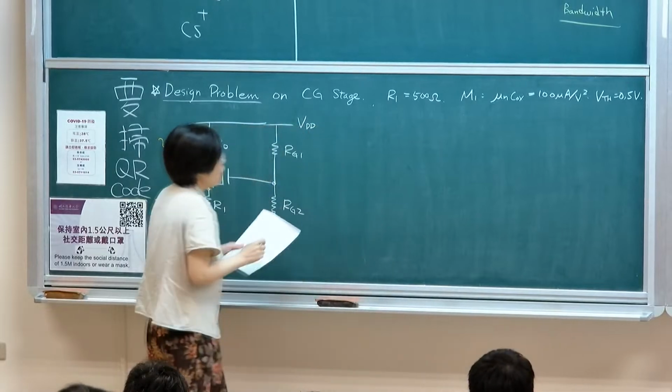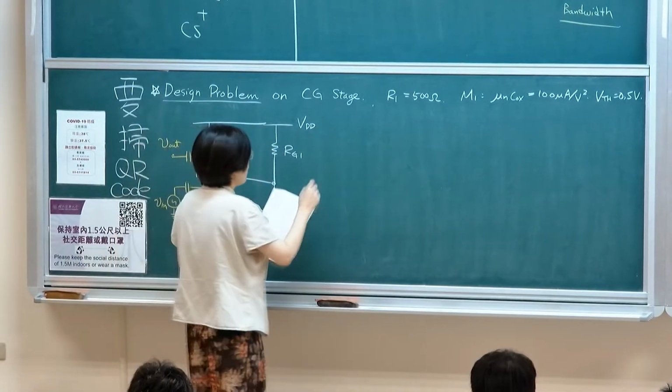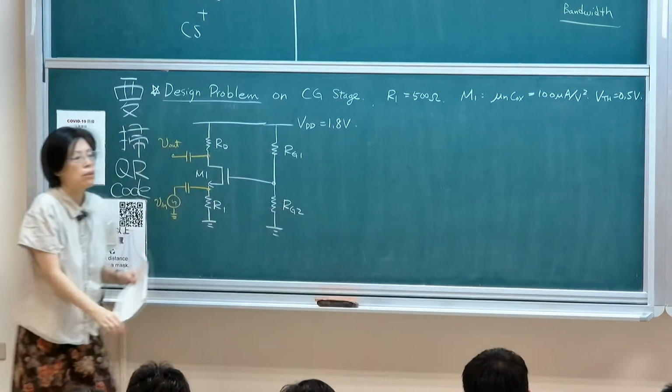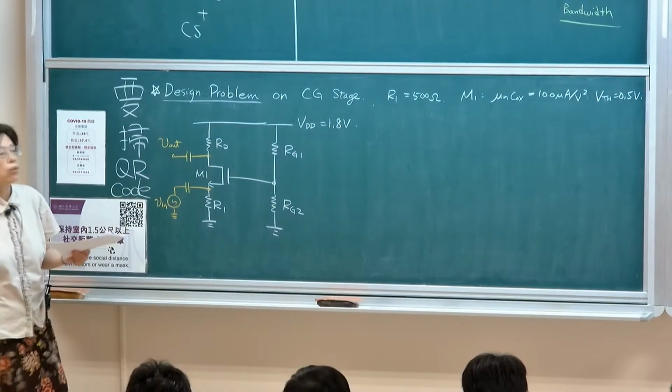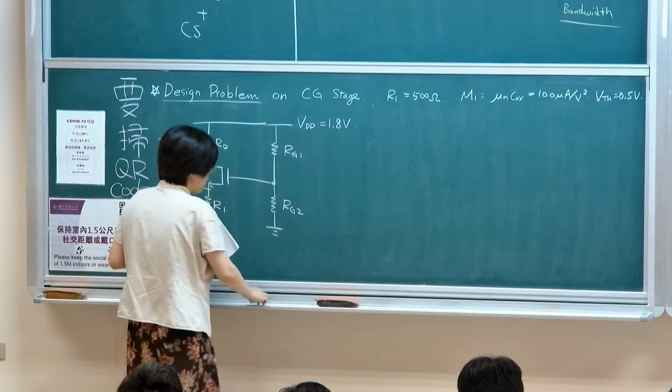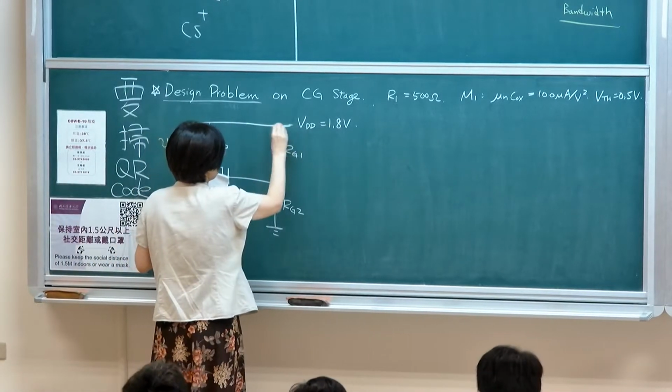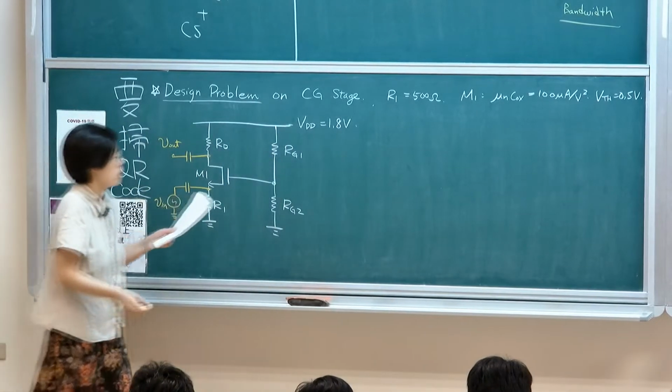Then your spec tells us VDD is 1.8 volt. The supply voltage is a system-provided level, typically defined by technology, so 1.8 volt.